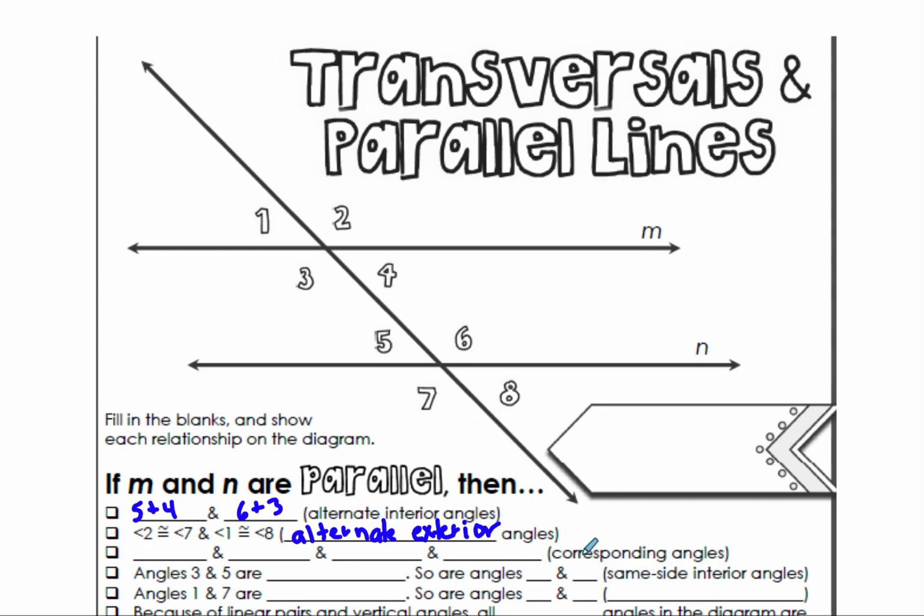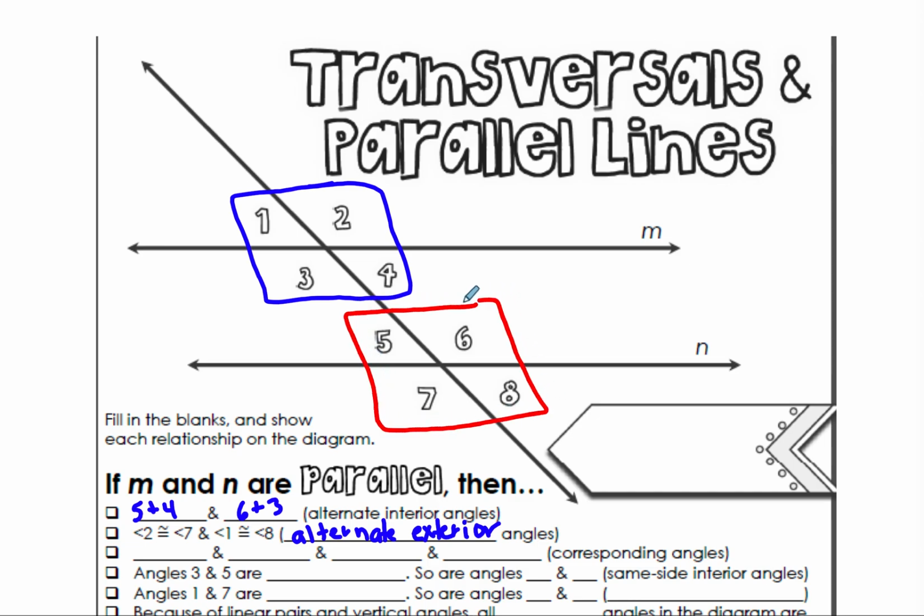All right, corresponding angles. We've got lots of different options here. Top left corner of each set. So here I'm looking at this set of 4 and this set of 4. Top left corner in each one, 1 and 5. Those are corresponding. Angle 1 and angle 5.